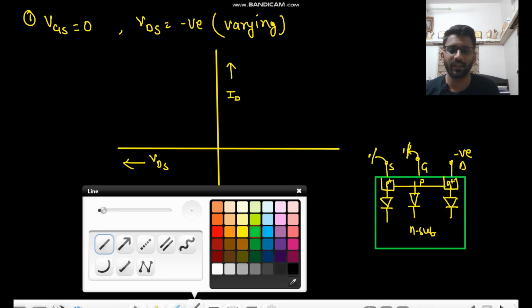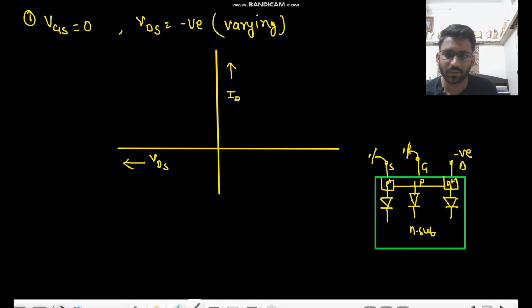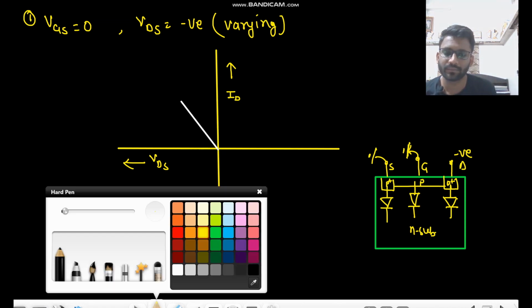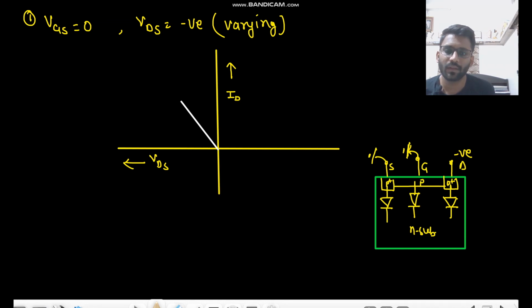I hope you have understood it. I will just draw the characteristics now. Just keep on increasing. Then it saturates.